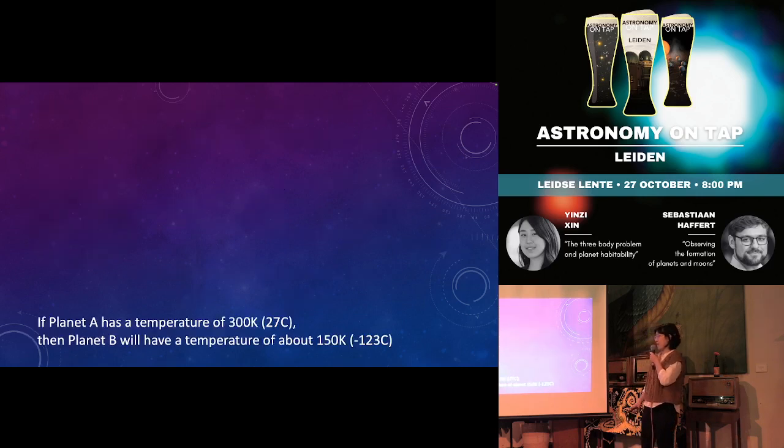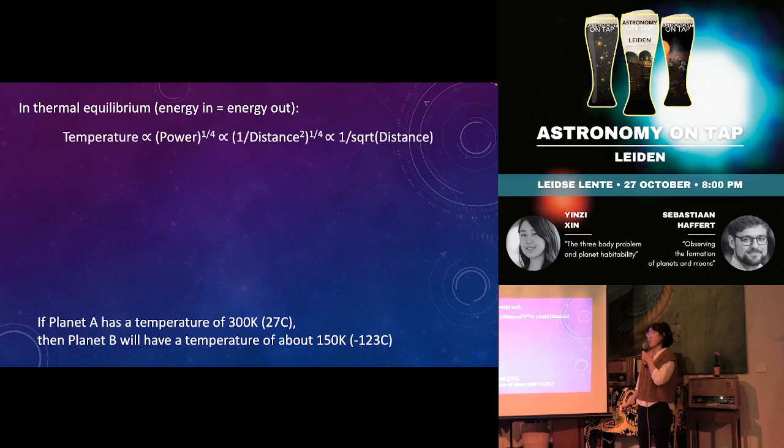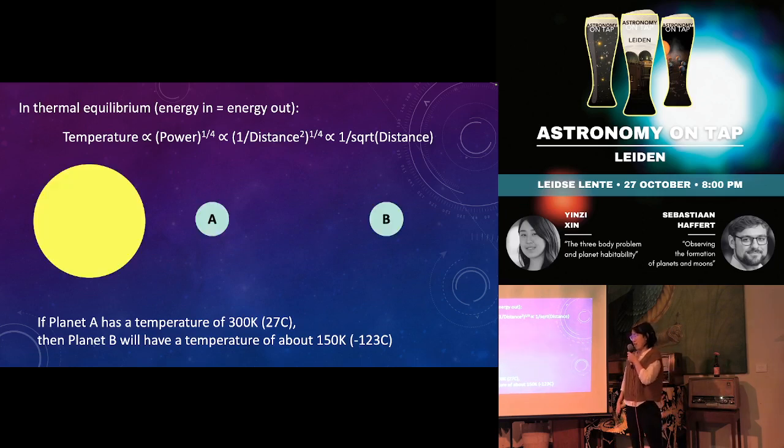If you assume that the planets are in thermal equilibrium, as in all of the energy that they absorb from that star gets re-emitted, you can calculate what that temperature would be. Using some simple proportionality constants, you find that, roughly speaking, the temperature of a planet will scale about as 1 over the square root of the distance from that star.